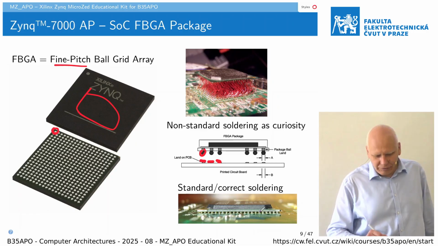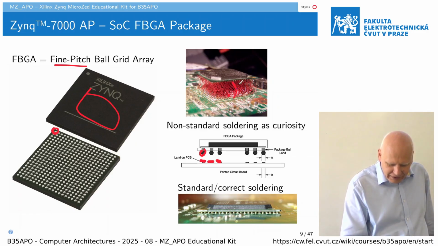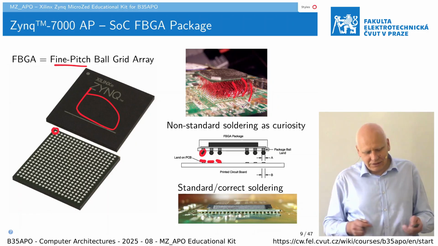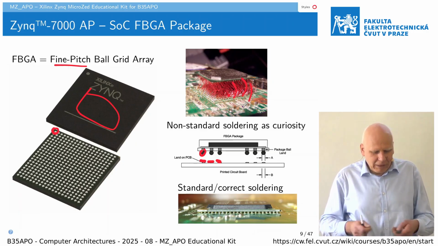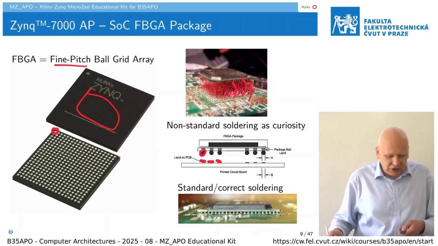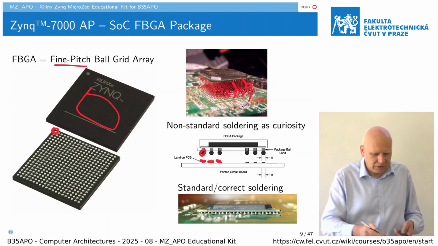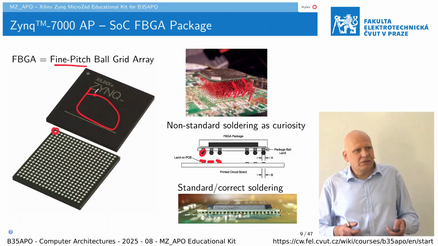There is a joke from my colleague that you can even try to connect it wire by wire, which is quite hard, but yes, somebody has made it. The problem is that if you have an already used chip or component, then you need to so-called reball it.